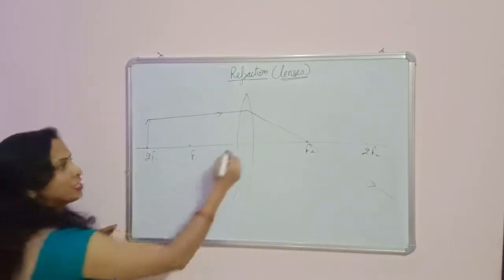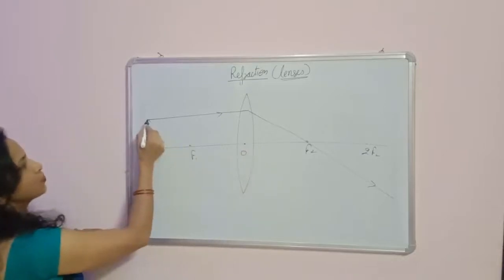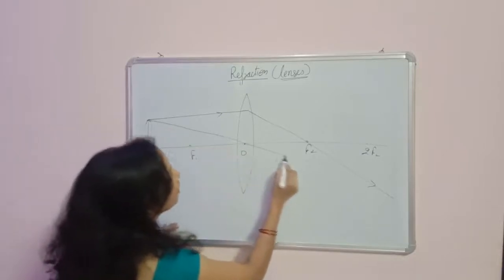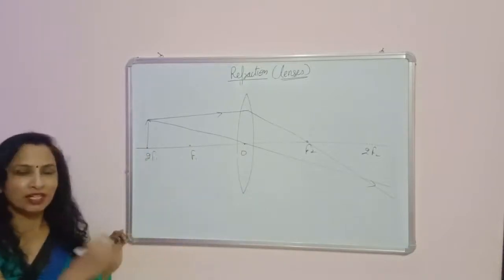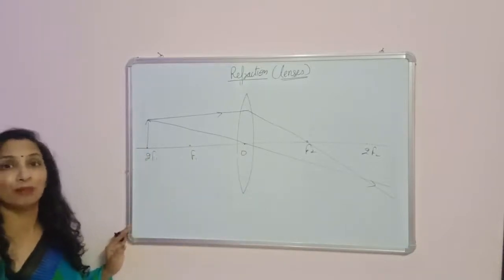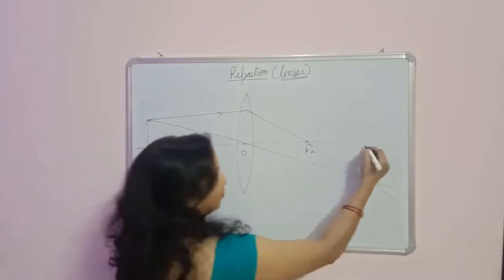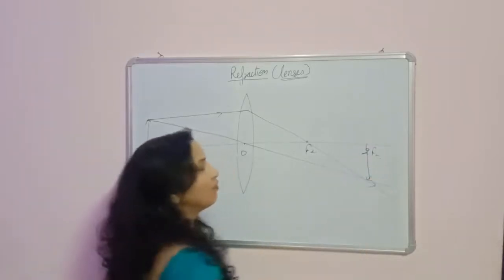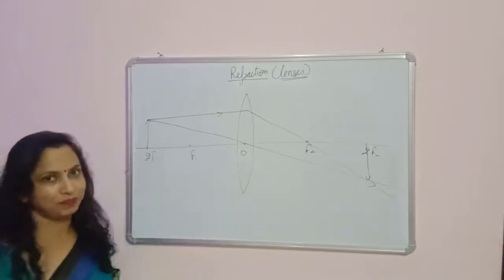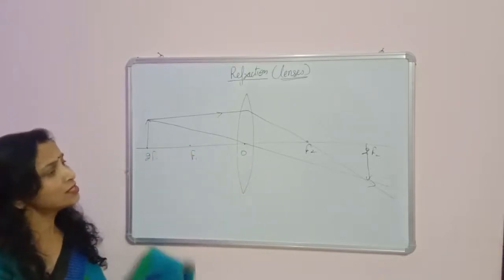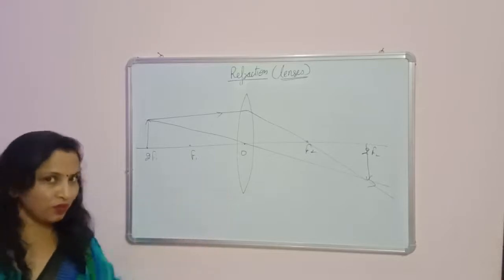The other ray, passing through the optical center, goes straight without any deviation, like this. So if we place the object at 2f, its image will 100% form at 2f. Make this distance equal. So this is the image which is formed at 2f.